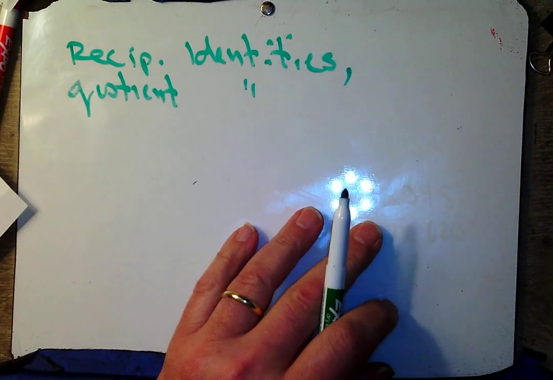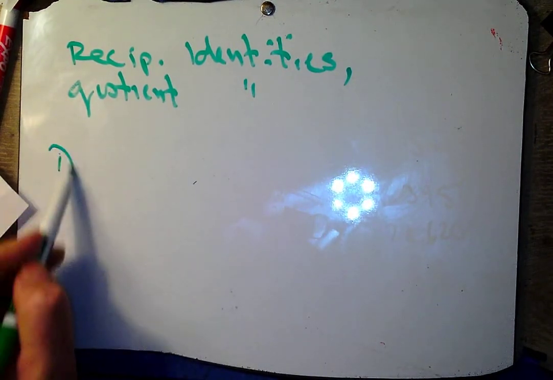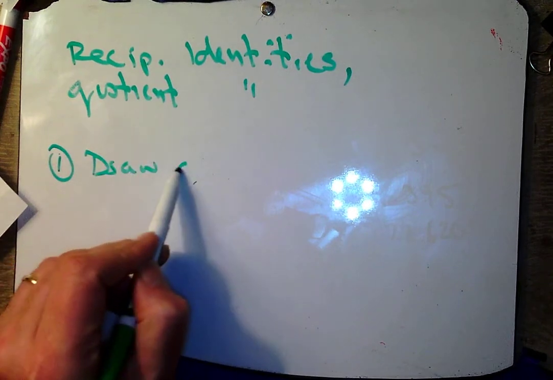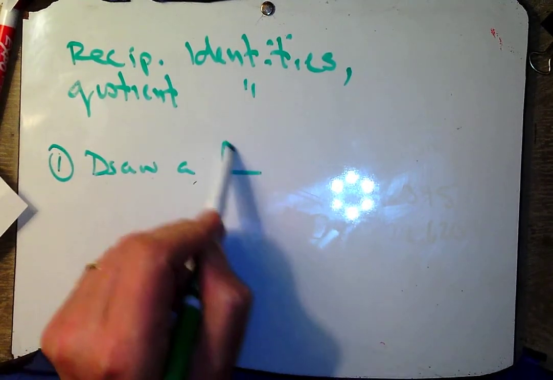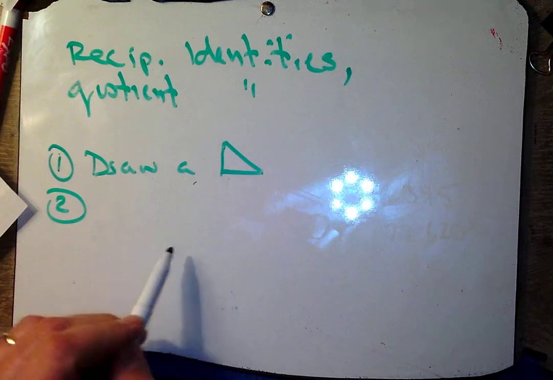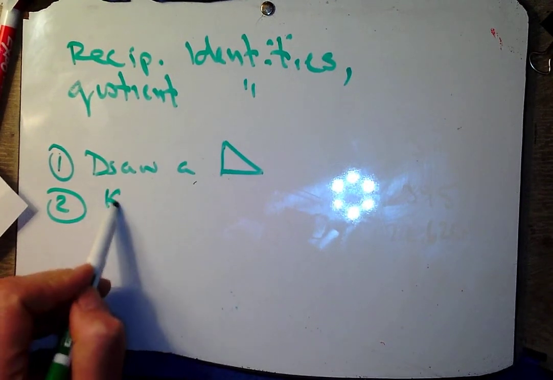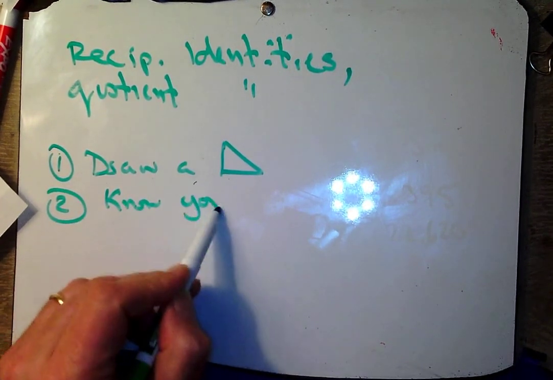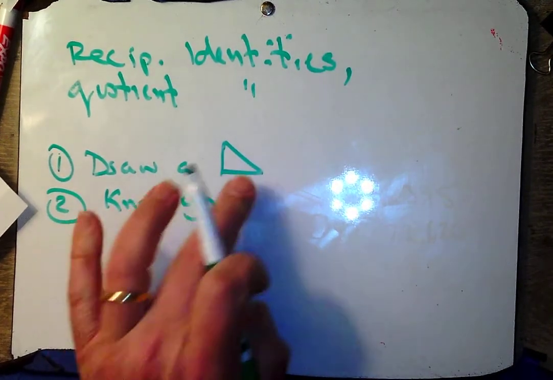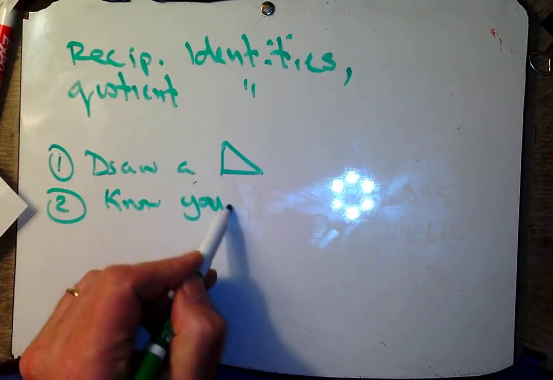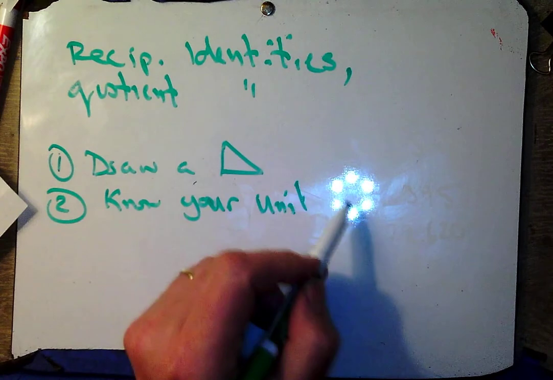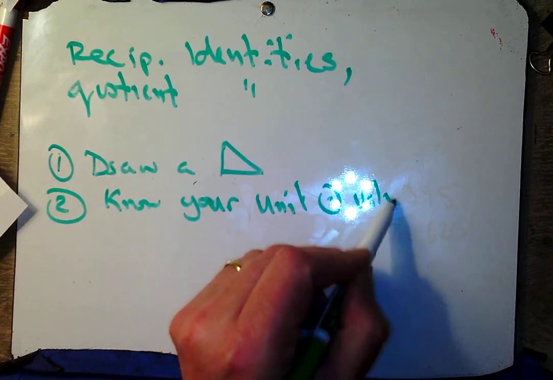Magic secret of trigonometry, number 1, draw a triangle. Magic secret number 2, know your unit circle values.